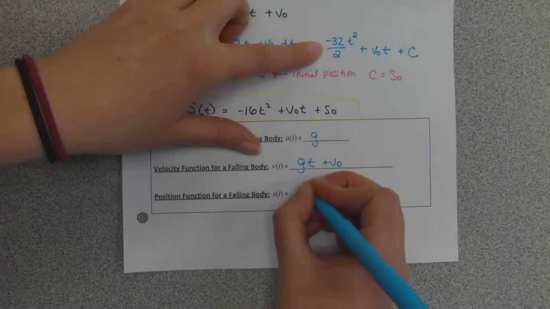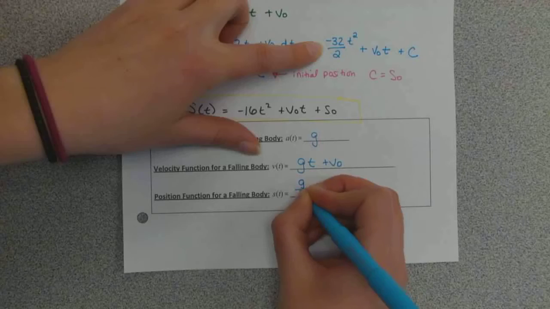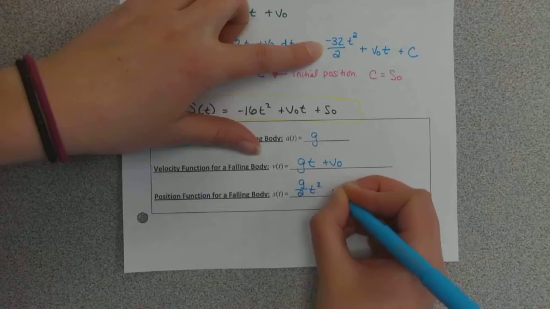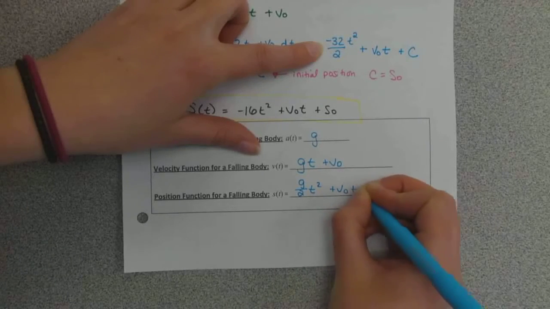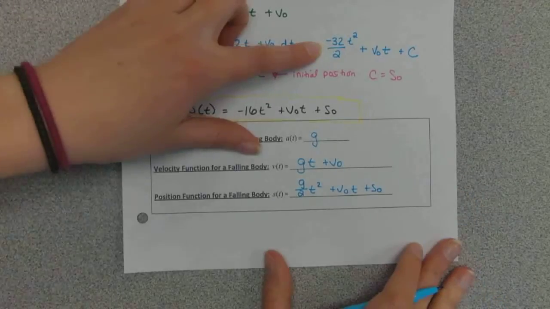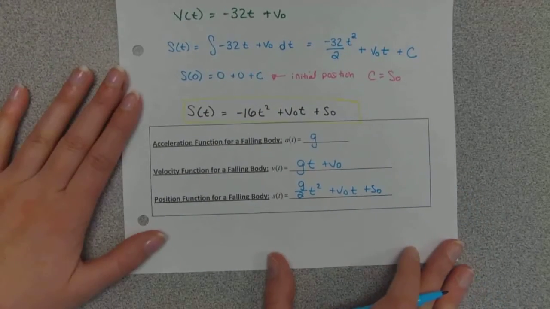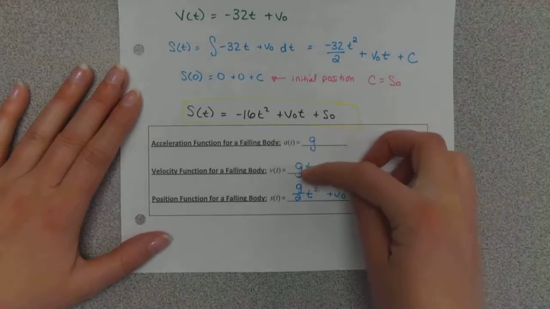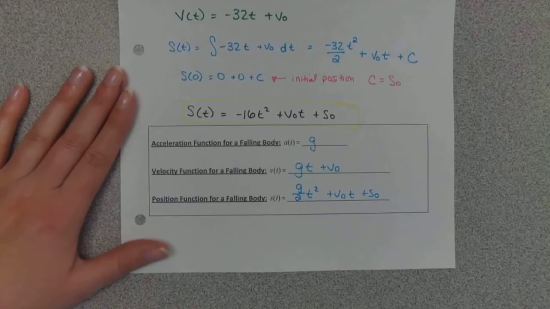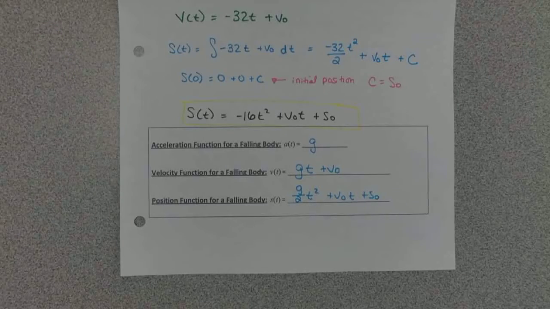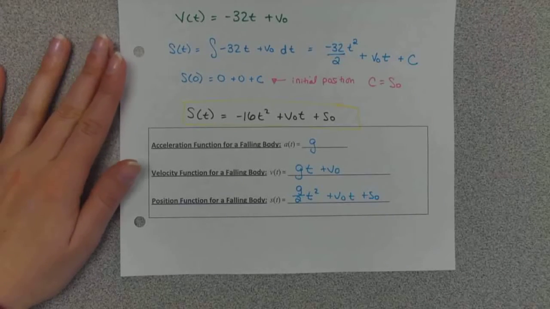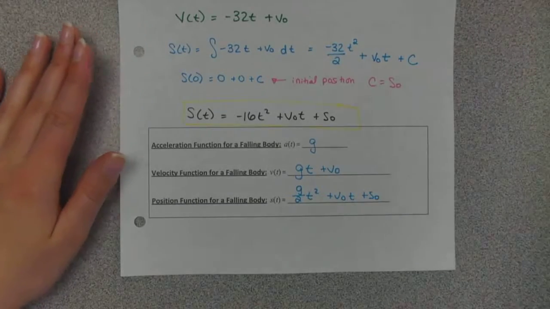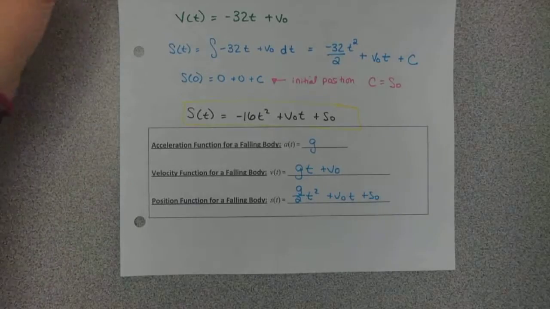This would be g over 2 t squared plus v naught t plus s naught, right? Knowing that g is always negative, right? Because I didn't write my negatives because I assume that g is always negative because it's a downward force. All right. Now we actually get to use this on the next page, I think.